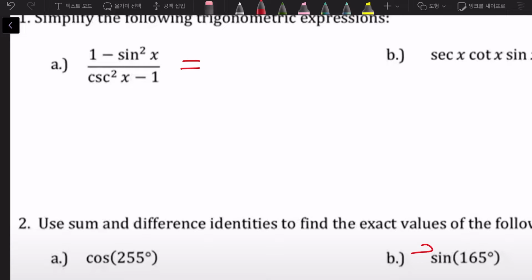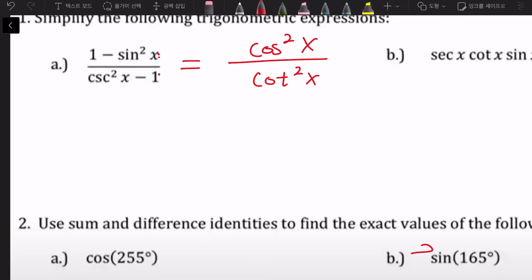According to the last video, you should remember the trig identities. 1 over sine square x is cosecant square x, and cosecant square x minus 1 is equal to cot square x.